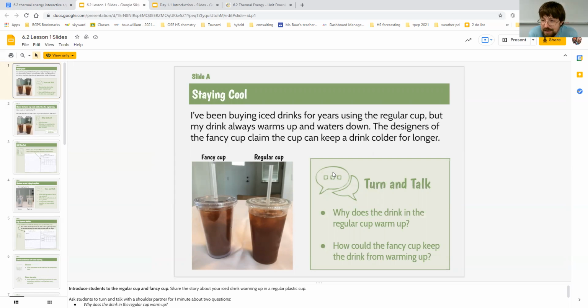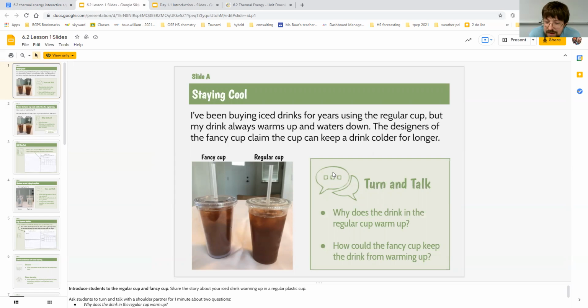And I noticed that the one cup that I used would claim that it would keep my ice frozen and my cup cooler. So what do you think about that?